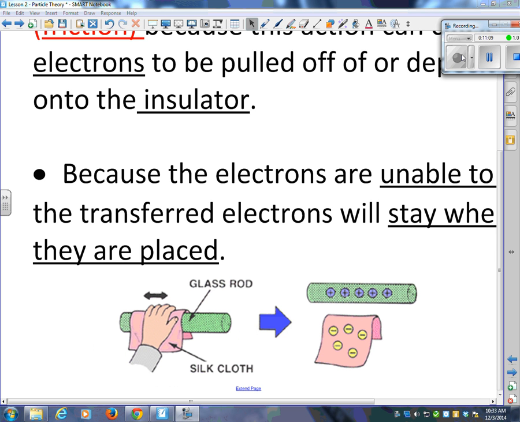Okay, so here we've got a glass rod, we've got a silk cloth. Over here, I don't know if you can make that out or not, but what charge is on these? These are positives. And these ones are negative. So which way have the electrons gone?